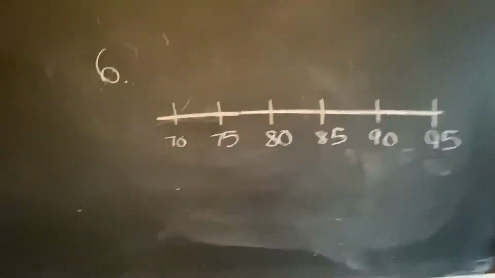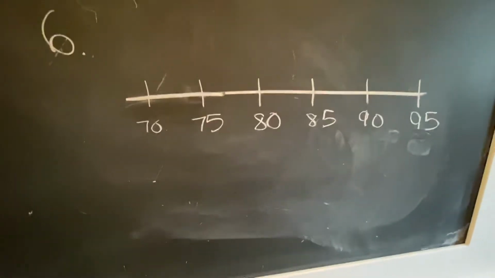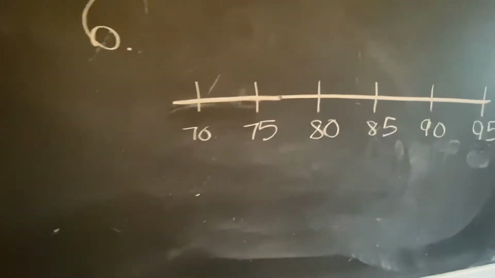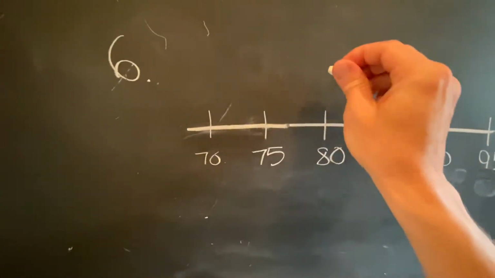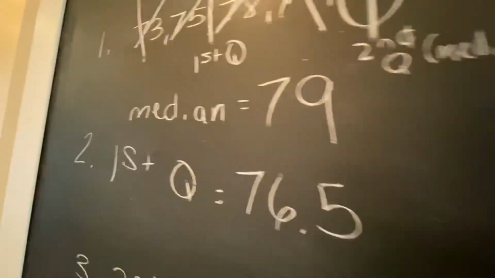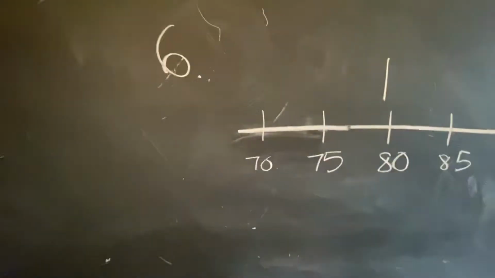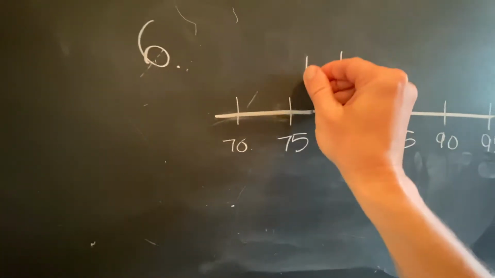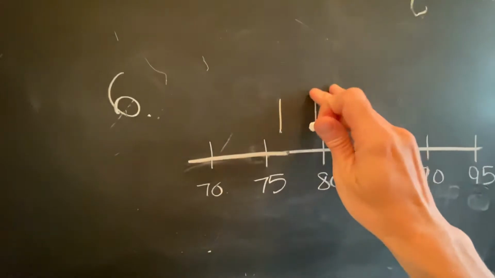All right, here's what I would suggest doing first. Number 6 wants you to draw it. I put our scale there, counting by 5s. The first thing I always tell kids to do in the box plot is to do the second quartile, which is your median. I'm going to put that at 79 because our median was 79. I'm going to put another line where the first quartile was, which was 76.5. And again, these aren't going to be perfect.